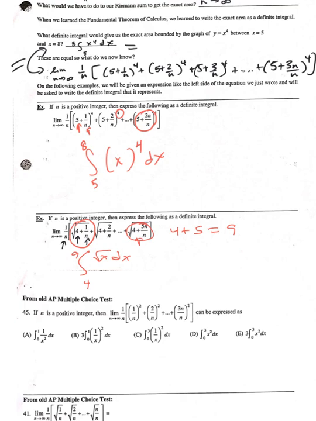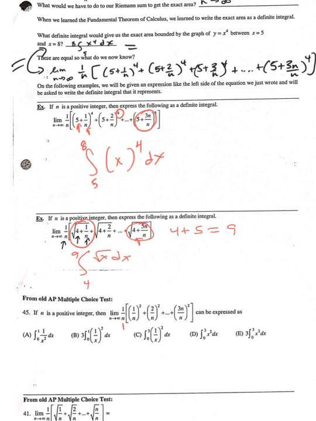Okay, let's take a look at number 45. This was from an AP question a while ago. It says n is a positive integer. So you'll see when we do series, we're going to be doing positive series.